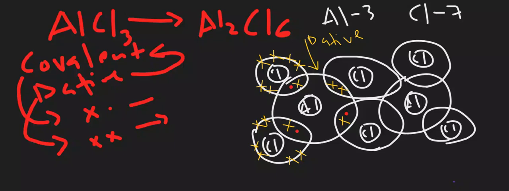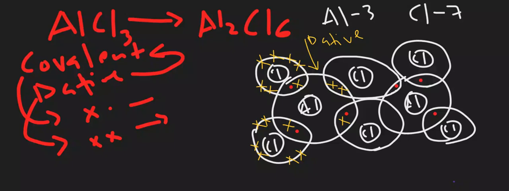Let's come to this other side. I want you to note that aluminium will give 3 electrons to 3 chlorine atoms: this chlorine 1, this chlorine 1, this chlorine 1. But do not forget that aluminium equally requires 5 electrons. Where will the 5 electrons come from?